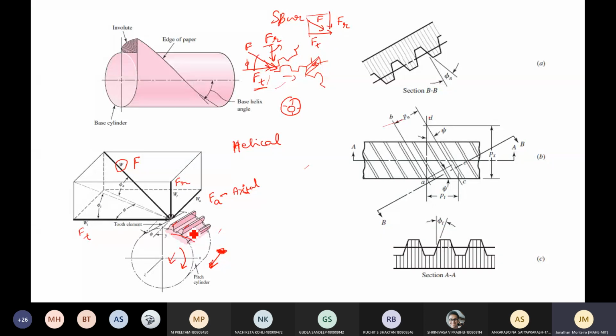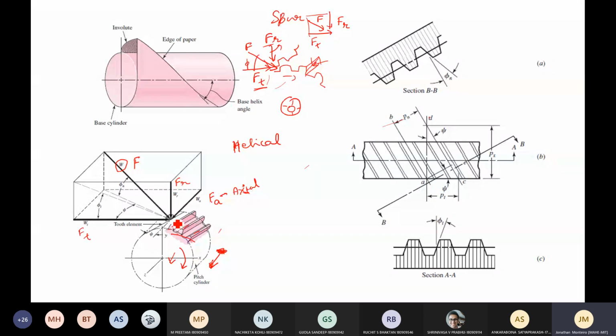Each and every individual gear tooth is going to take a bending stress. And you can treat this gear tooth as a cantilever, as we had seen in the derivation of the Lewis equation. Now, Fr is a component that exists, but even if you include that, it is only going to make the tooth stronger. It is not going to render the tooth weaker. So we will neglect the Fr component here also.